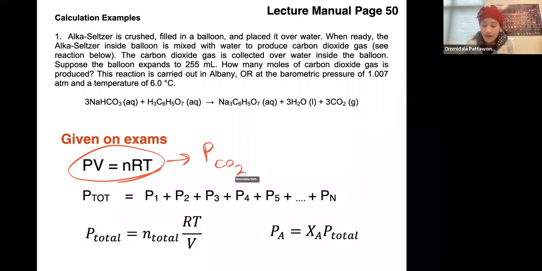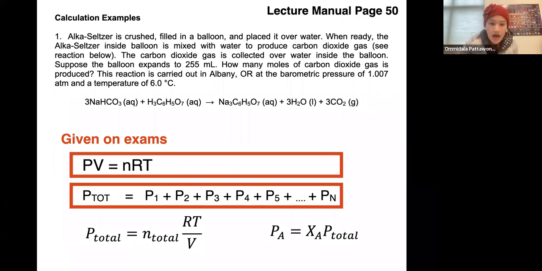Okay, so the pressure that is given to you here from the barometric reading is the total pressure, of both the carbon dioxide gas and also the vapor of water. So what we are going to use is P total equals the sum of the partial pressures of everything. Since we have only 2 gases, it's going to be one for water and the other for CO2. These two added up equal the total pressure.